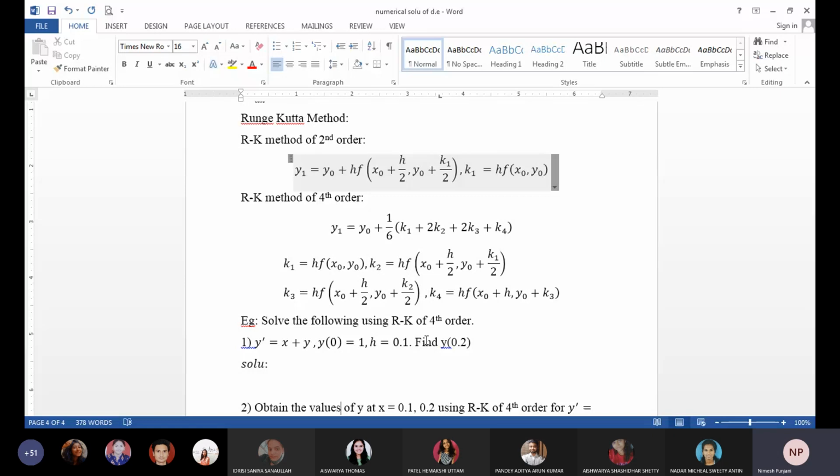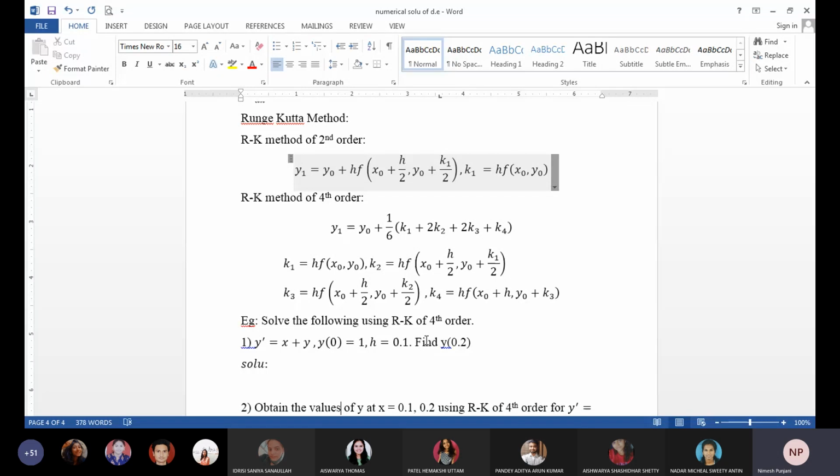ठीक है, RK of fourth order का फॉर्मूला थोड़ा बड़ा है, in the sense y1 तो it's okay, y0 plus 1 upon 6 times k1 plus 2k2 plus 2k3 plus k4, but all these ki's separately you have to calculate.